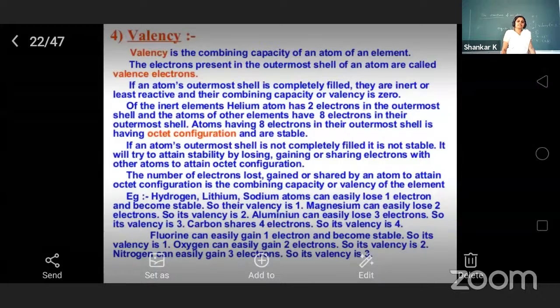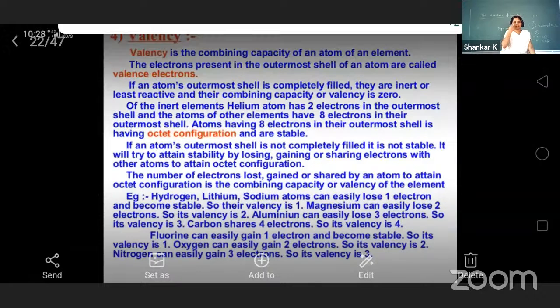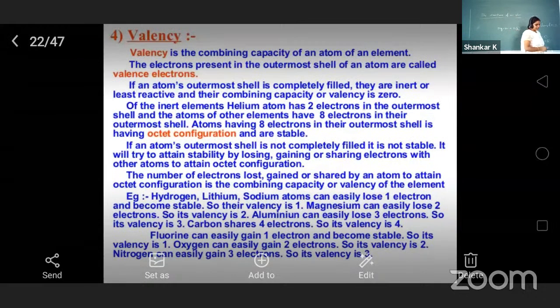We subtract it from 8. Which element has 2, 8, 3? The atomic number 13. Which atomic number has 15? Here 2 comma 8 comma what comes here? 5. Here 5 comes.